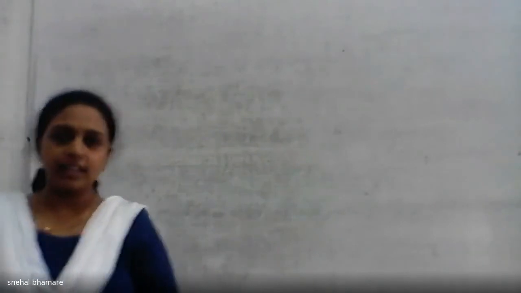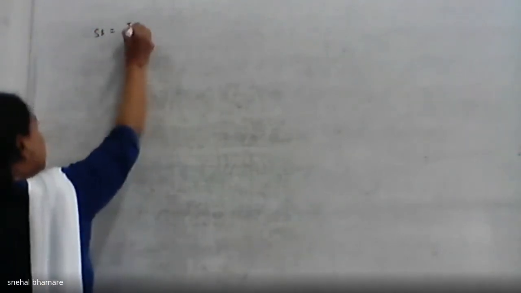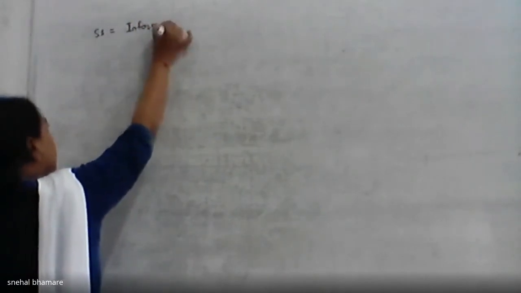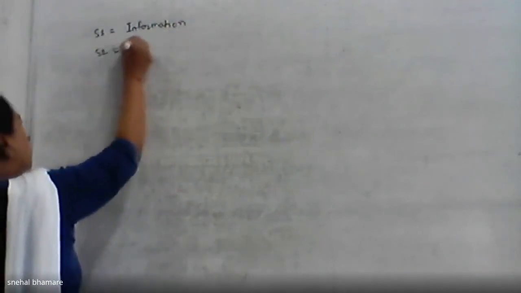Okay. Now the concatenation operation: it will combine both the strings to form a single string. For example, my first string S1 is information and the second string S2 is technology.